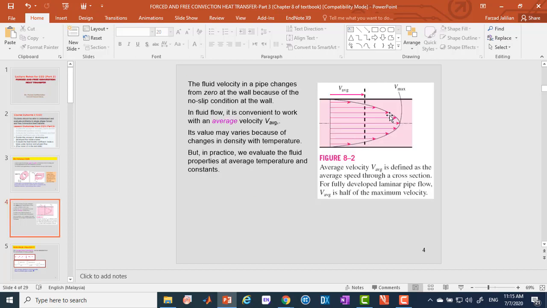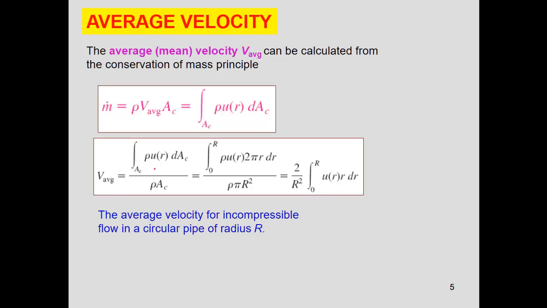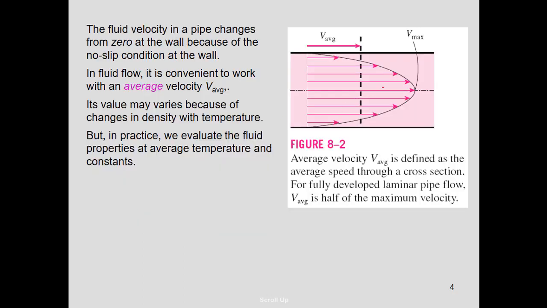So for different r, for example here, this is r, and u is the velocity for each r. As you can see here, this is V average, and this is u at this r, at different r. So this is relative velocity.